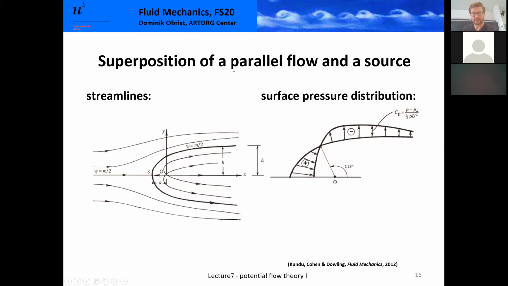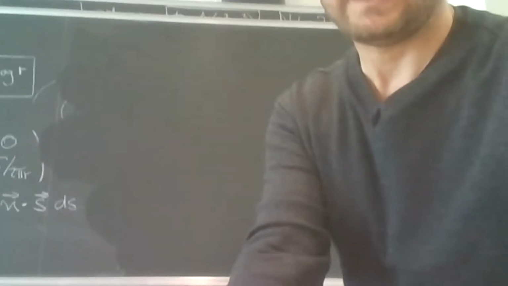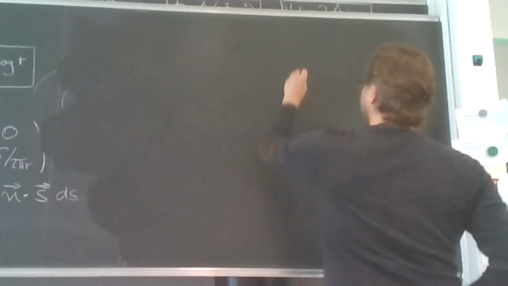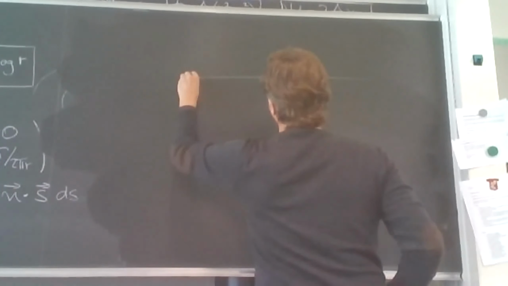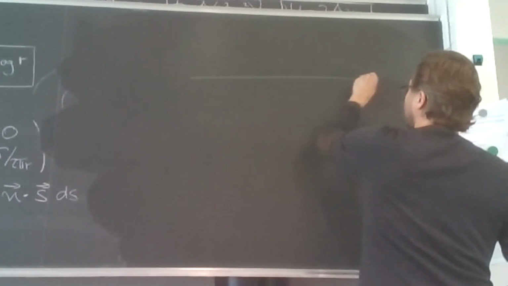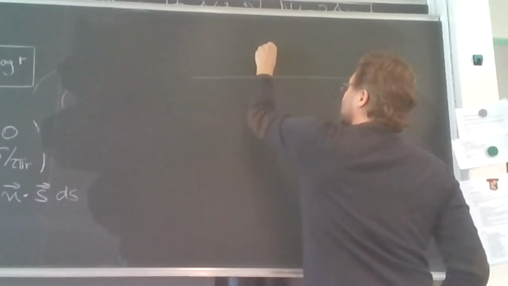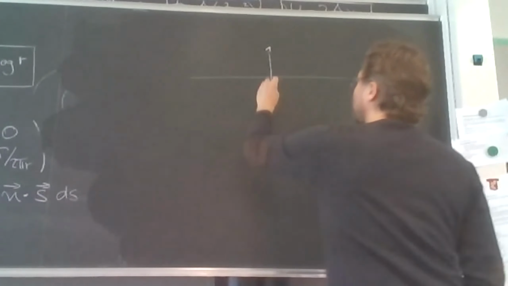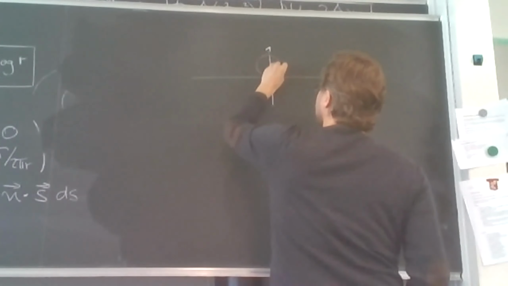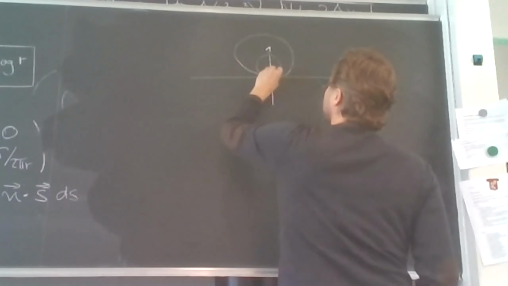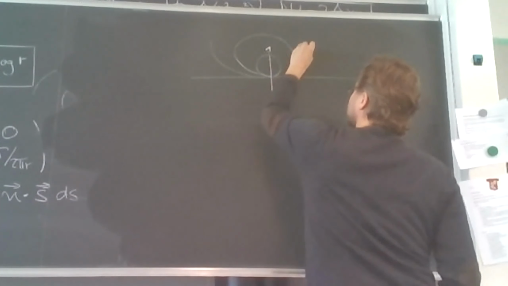So let's see what happens if we take a dipole, and the dipole gives us streamlines which look like that.